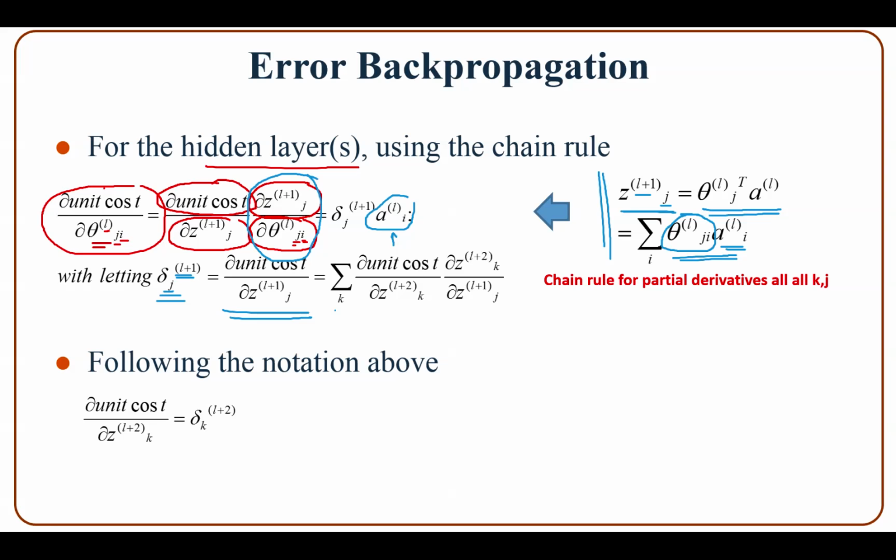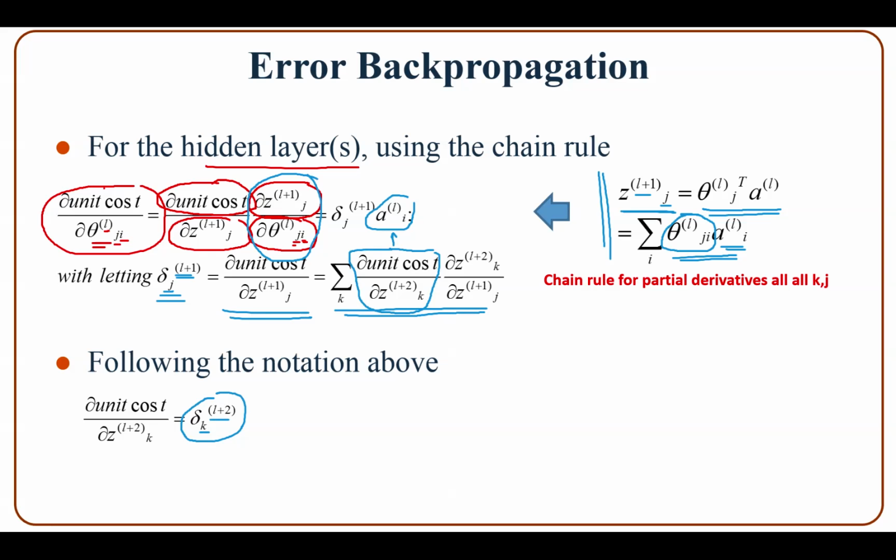Similarly, you apply the chain rule, you have this. And following the notation above, the first derivative in the sum is actually equal to delta L plus 2 k, which is the error that node k in layer L plus 2 made.